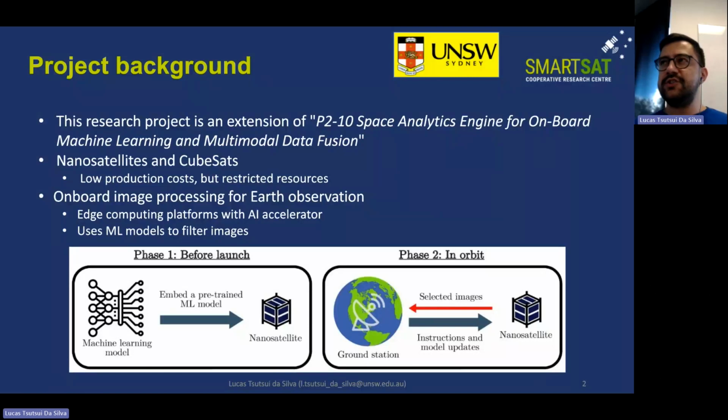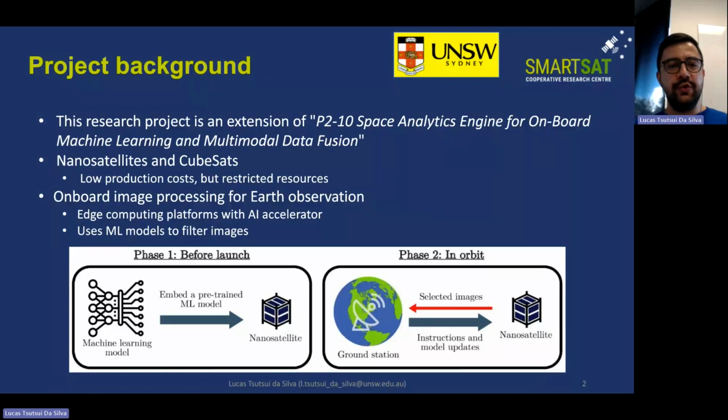We also focus on Earth observation missions, which consist of taking photos of Earth from space. And there are some edge computing platforms for neural network processing that make it possible to perform image processing on CubeSats and nanosatellites, because these platforms have small size and lower power consumption.